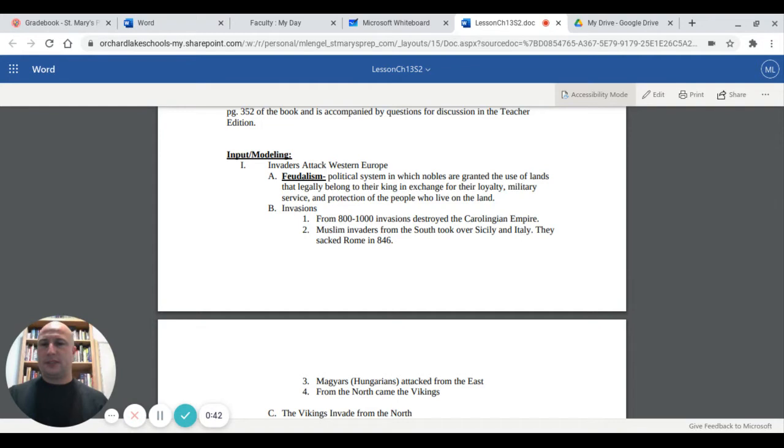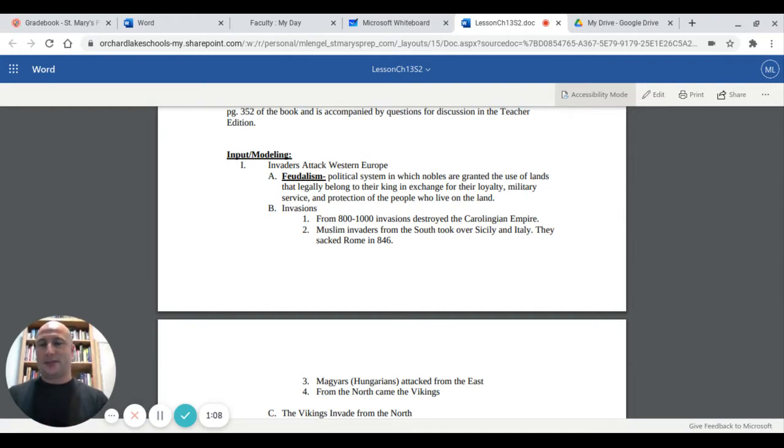So feudalism is actually a political system in which nobles, these wealthy, large landowners already, are granted the use of lands that legally belong to the king in exchange for their loyalty, their military service, and their vow of protection for the people who live on the land that's granted to them.